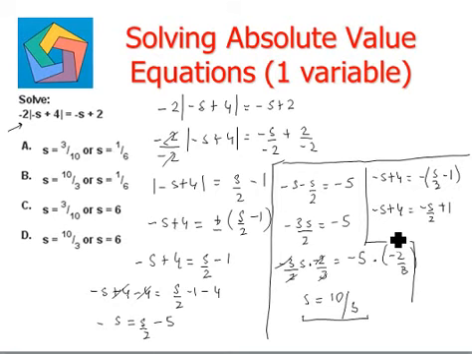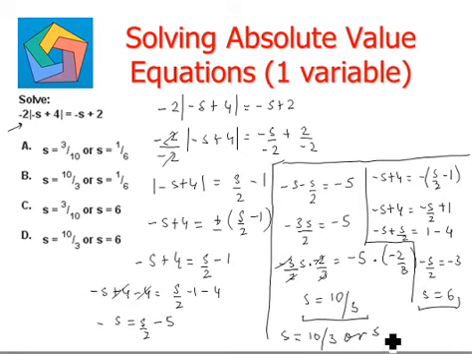For simplification, we will bring the s by 2 to the left side, that is add s by 2 to both sides and subtract 4 from both sides. So we have negative s by 2 equals negative 3, or s equals 6. We have these two values, s equals 10/3 or s equals 6. This is the final answer and can be seen in option D.